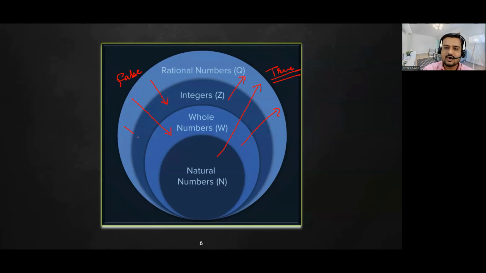If I say all rational numbers are natural numbers, again it is false. So remember this logic. When we go from inner circle to outer circle, every condition is true. When we come from outer circle to inner circle, every condition is false. Is it clear to everyone?